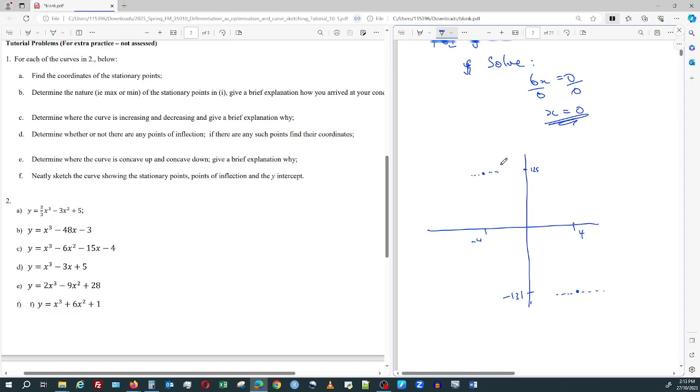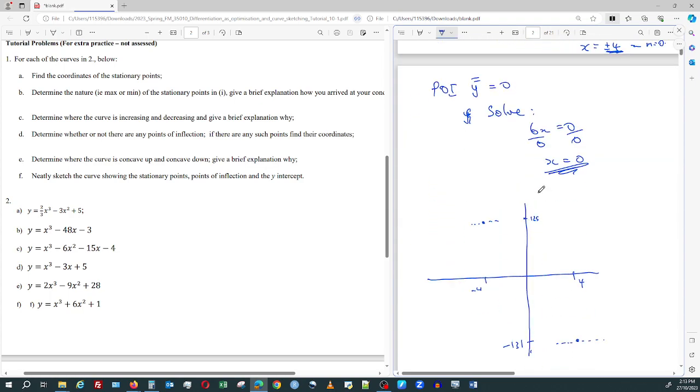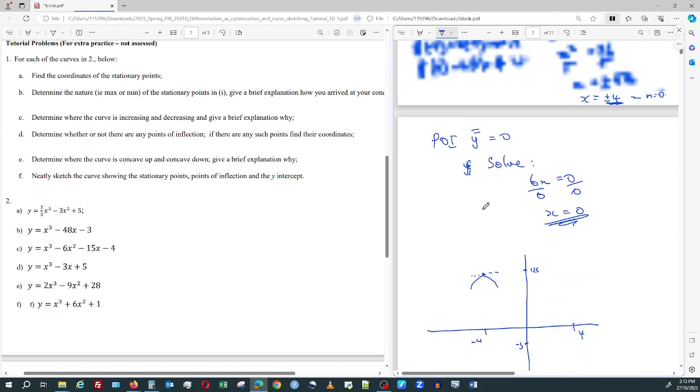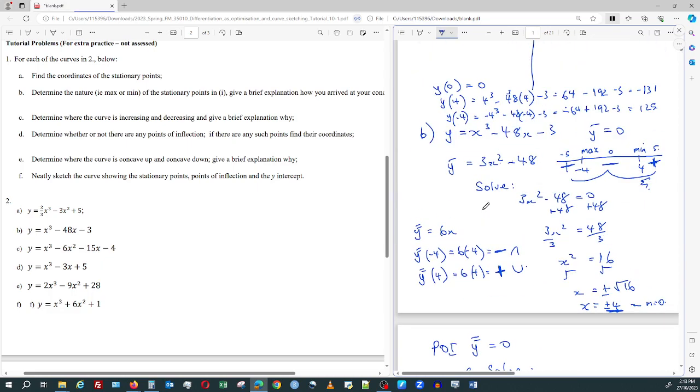Now we did compare these, didn't we? We checked that, we did a bit of checking. So minus 4 is a max. Okay, minus 4 is a max. It's swooping like this. And this one's a min, so it's swooping like this. Okay, so we've got a minus 3 as a y-intercept for this particular curve. And then what was our point of concavity, our change?